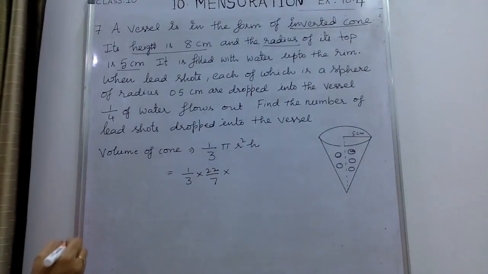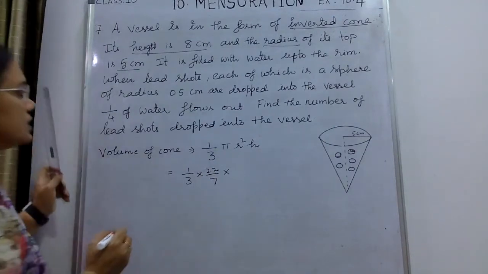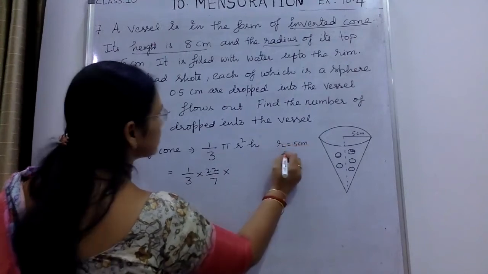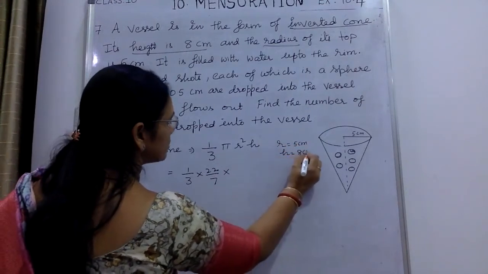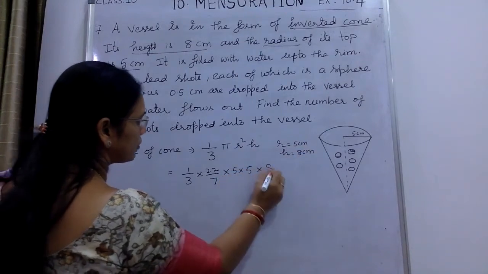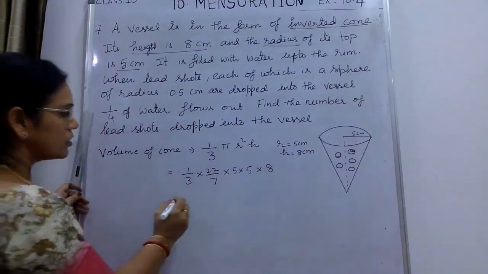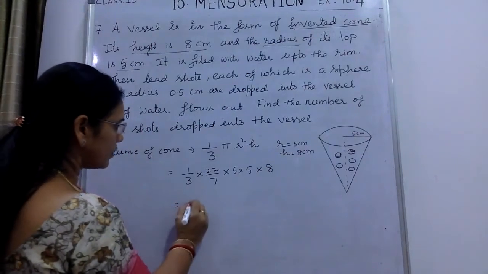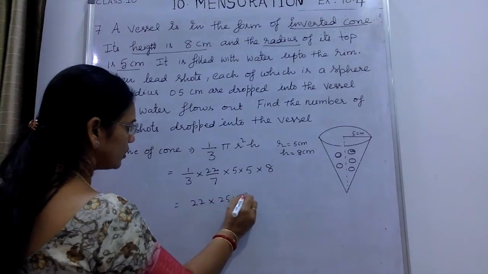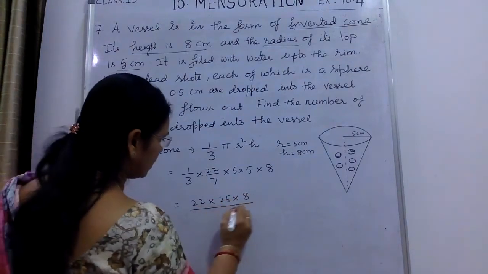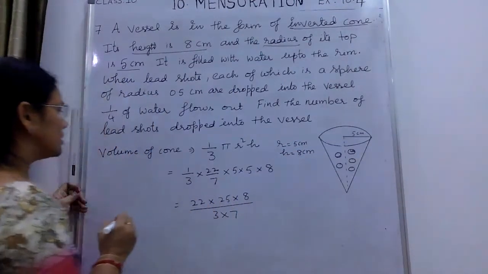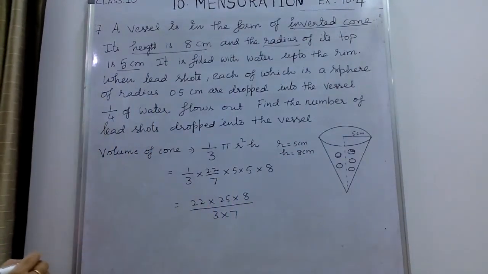Radius of the cone is 5 centimeters, r is equal to 5 centimeters, and h is equal to 8 centimeters. So 5 into 5 into 8 centimeters, that is 22 into 25 into 8 by 3 into 7. This is the volume of the cone.